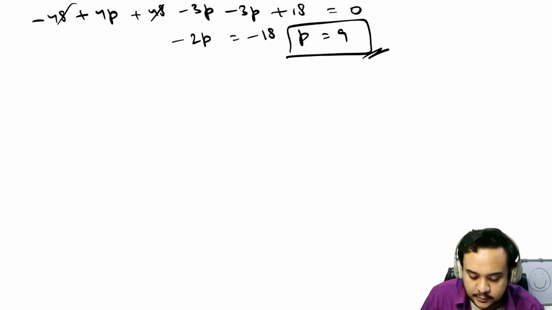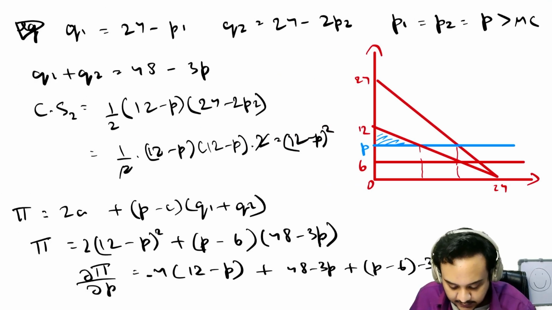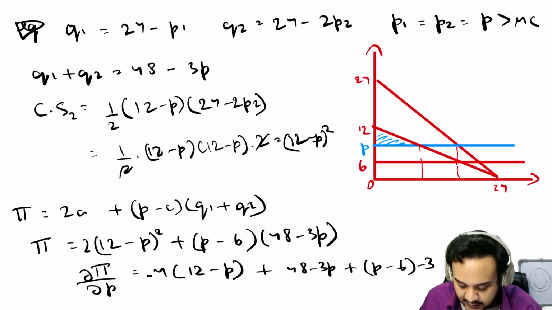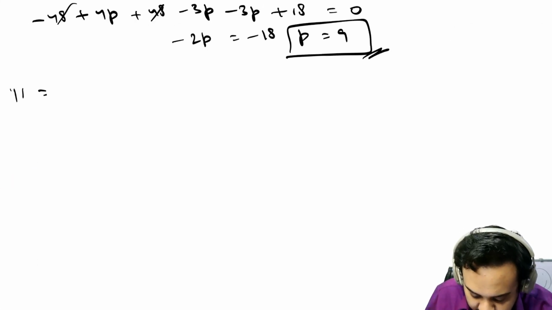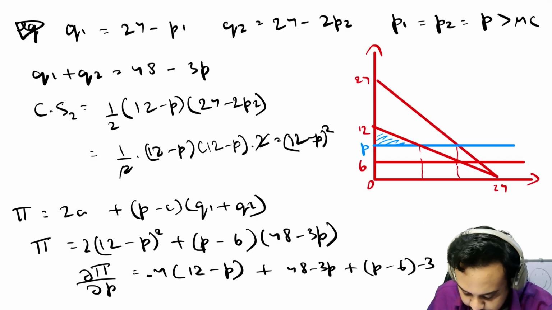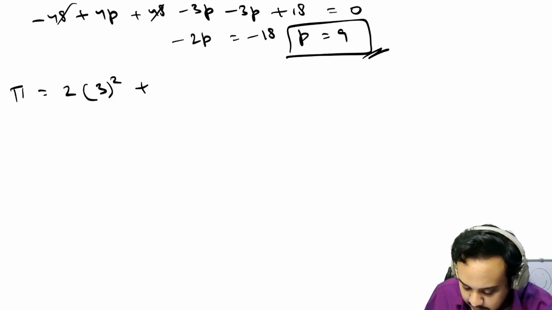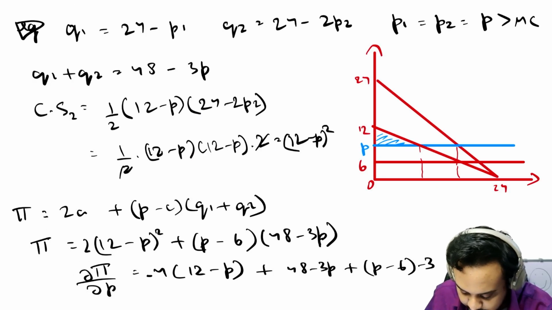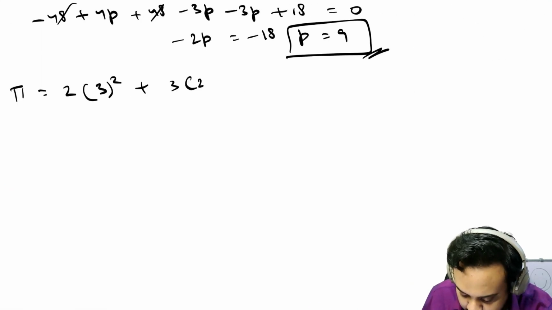Now we just put 9 in the whole profit equation that we had. Wherever you had P, just replace that with 9. So you can write this as profit is equal to 2 into 12 minus 9, 3 square, plus 9 minus 6 is 3, into 48 minus 27 into 21.